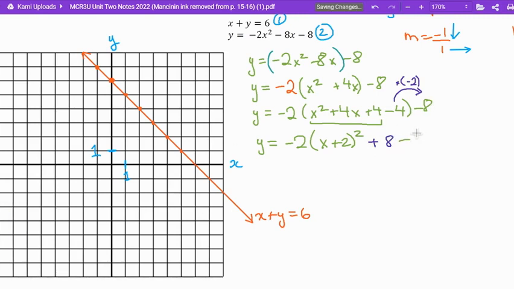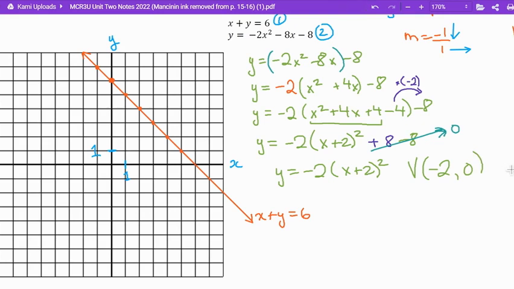And let's not forget that minus 8. So the 8s cancel, right? They just end up equaling 0. And so I have the equation -2 times x plus 2 all squared. That tells me that the vertex is at -2 and 0, right? There's no vertical shift. So it's -2 and 0.